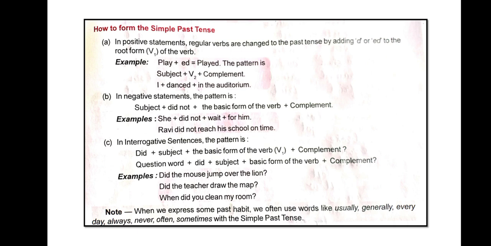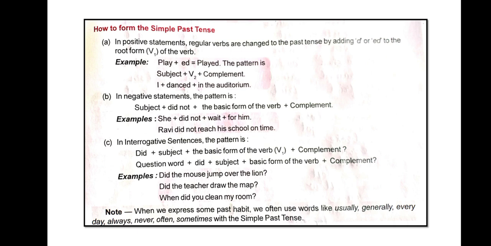So in the simple past tense, positive statements mean we are using regular verbs. Here we have an example, play. Suppose we are using play, with that we use ed: play plus ed, it means played. So played becomes the past form.